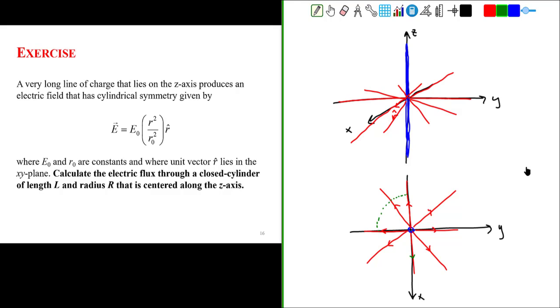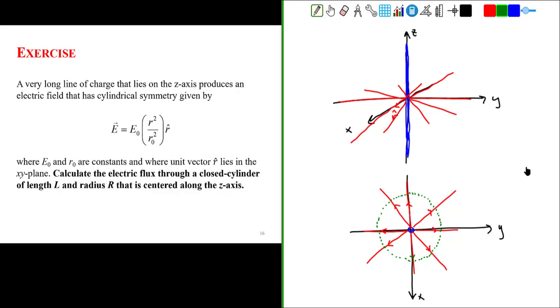This is just an imaginary surface. It doesn't have to be a real surface in space. But what cylindrically symmetric means is everywhere on this Gaussian cylinder, the electric field looks the same.